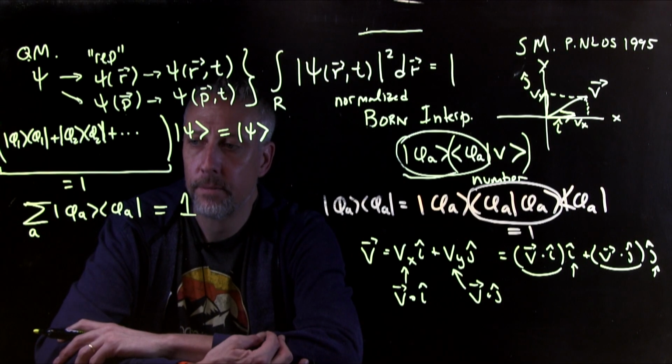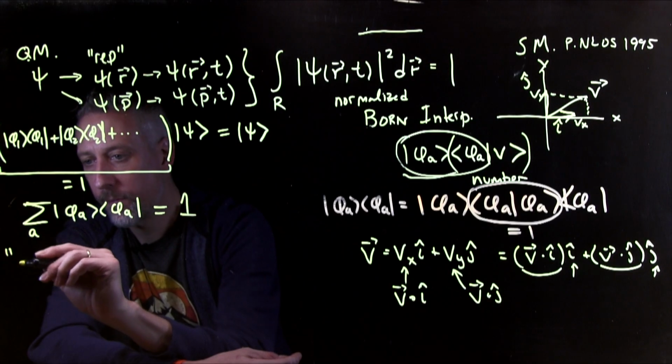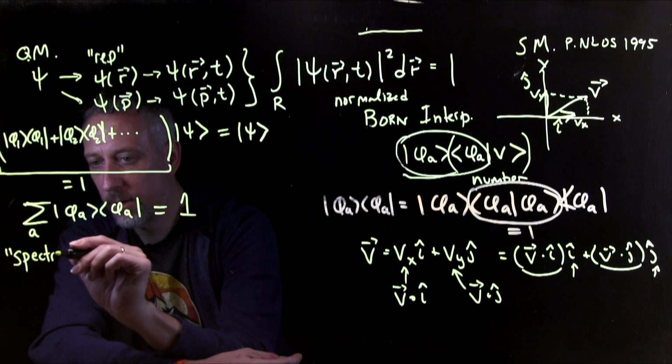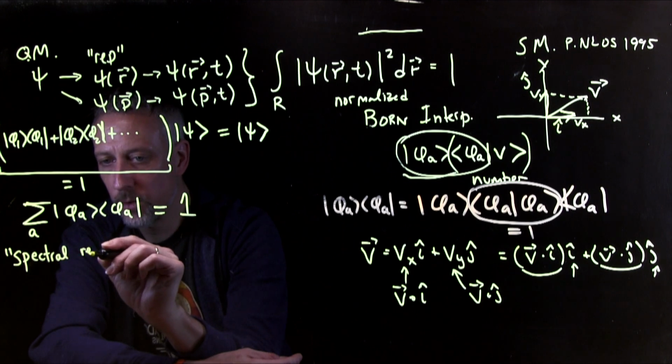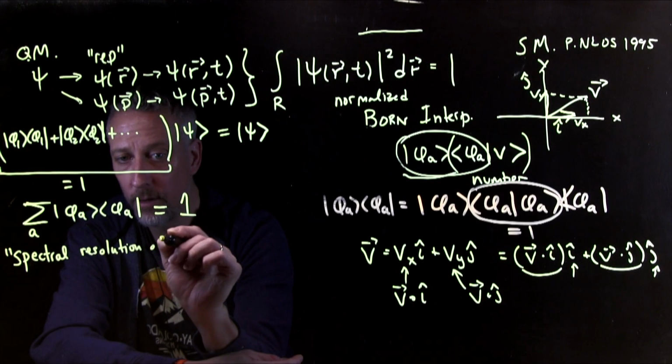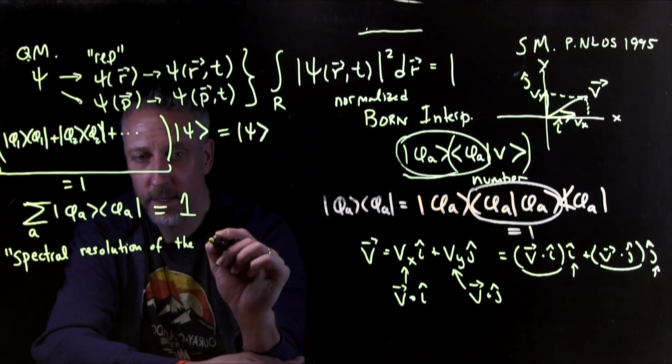Sometimes this is called, very big words, the spectral resolution of the identity.